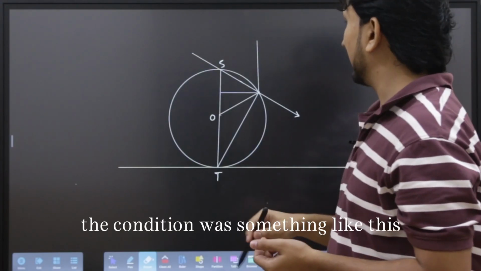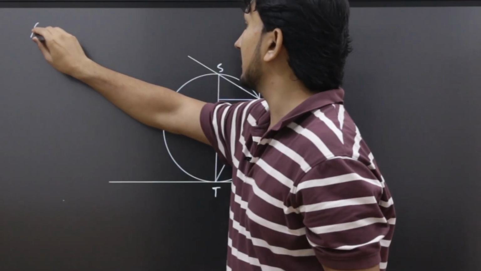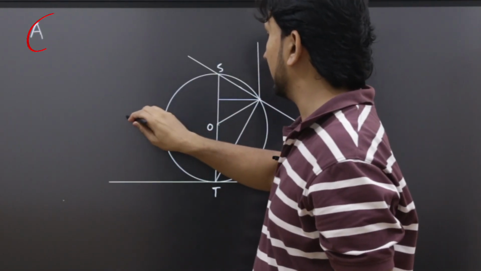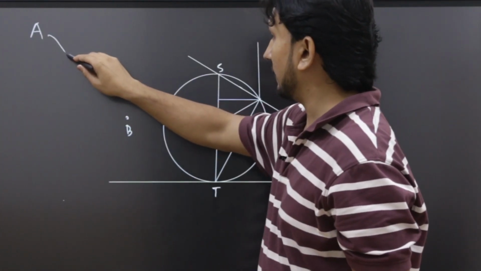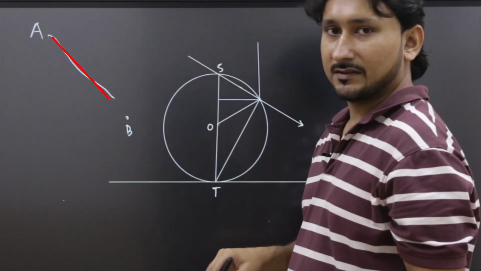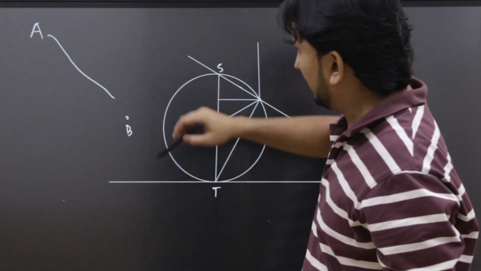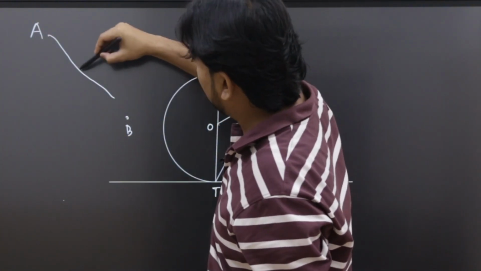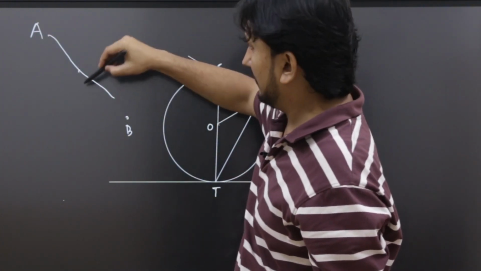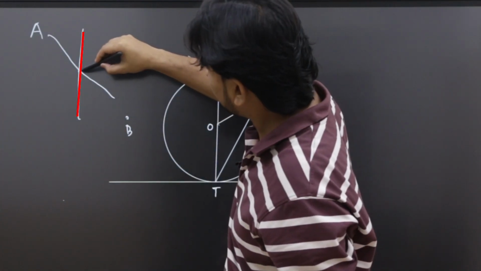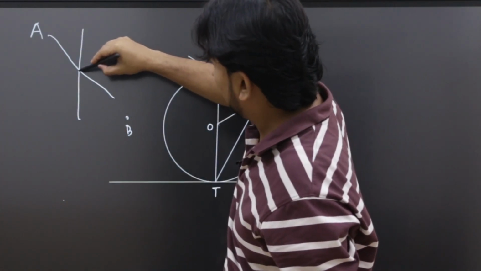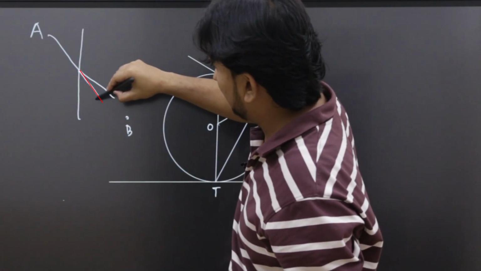The condition was something like this. A is here, B is here, and the particle is falling like this. The condition was: take a point here, take the vertical, then take the tangent here.